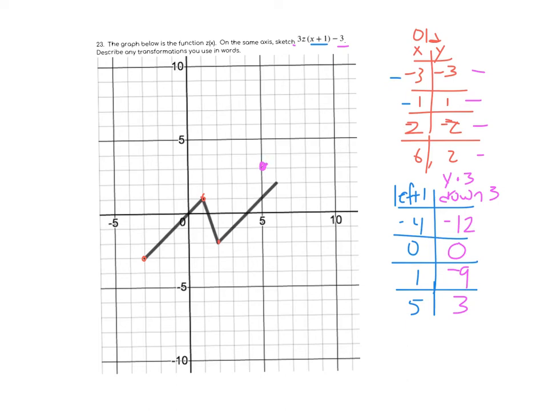We've got 1, negative 9. So that's going to be this ziggy part. We've got 0, 0. That's going to go back up there. And then we've got negative 4, negative 12, which would really be down here, giving us this graph. And again, the transformations are a vertical stretch by a factor of 3, down 3, and left 1.